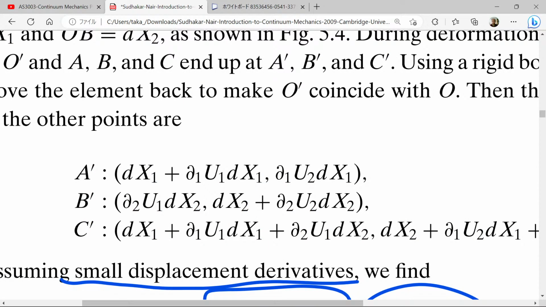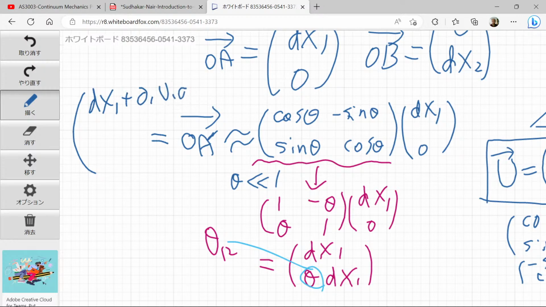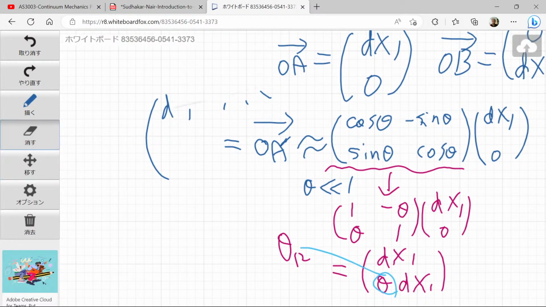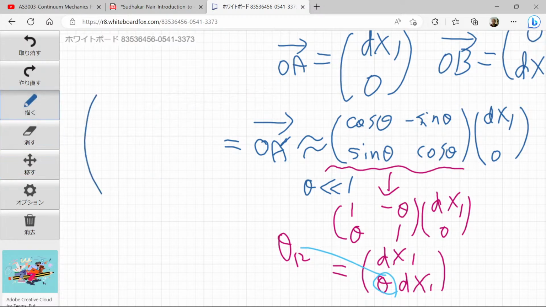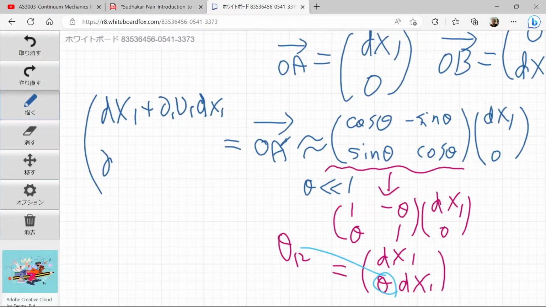After deformation, this one is dx1 plus partial 1 u1 dx1, and partial 1 partial 2 dx1.